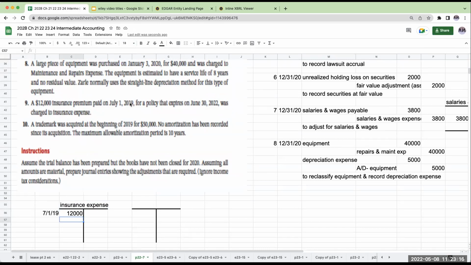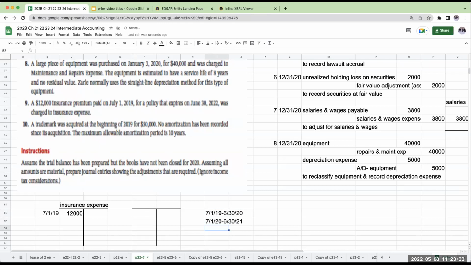Now, what we have to be careful about with this one is that this is actually a 3-year insurance policy: 7/1/19 to 6/30/20, 7/1/20 to 6/30/21, and then 7/1/21 to 6/30/22.